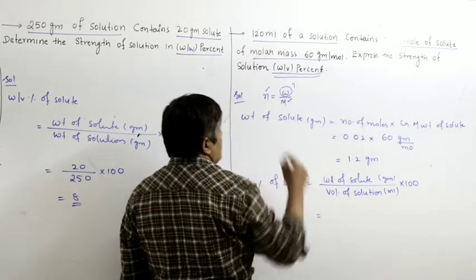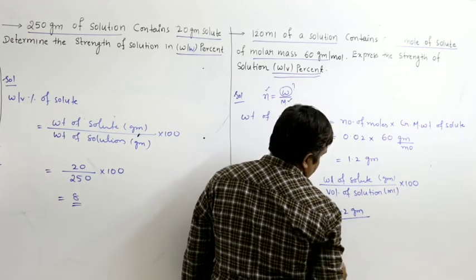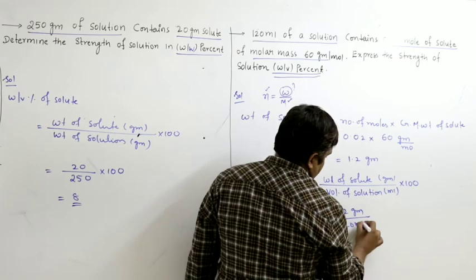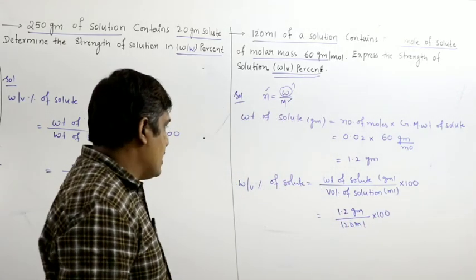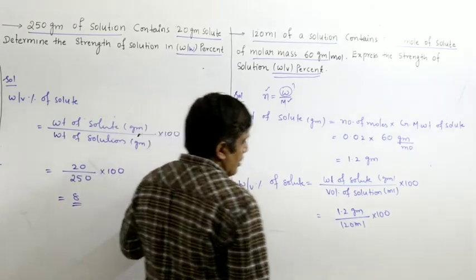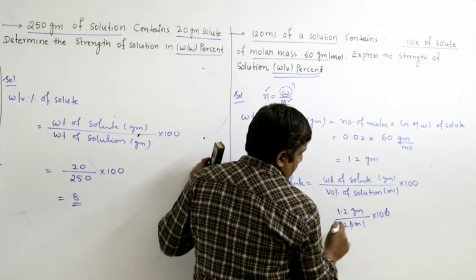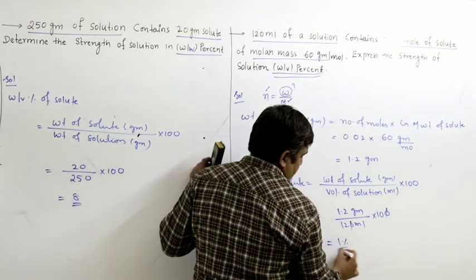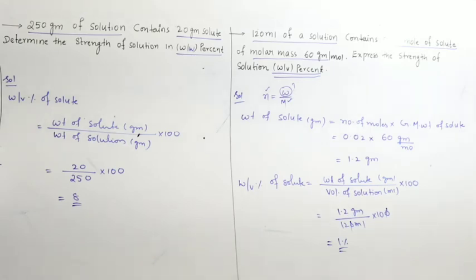So the weight of solute is 1.2 grams and the volume of solution is 120 ml, into 100. So you will get grams per ml. The zero cancels, 12 by 12, it is 1%. 1% gram per ml.